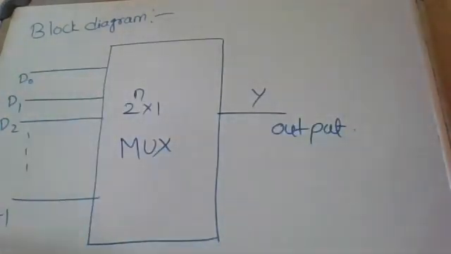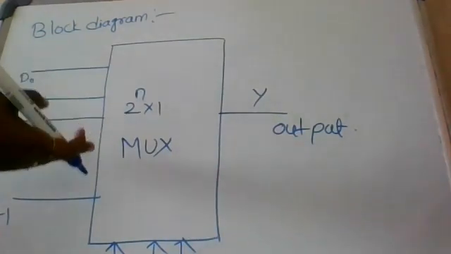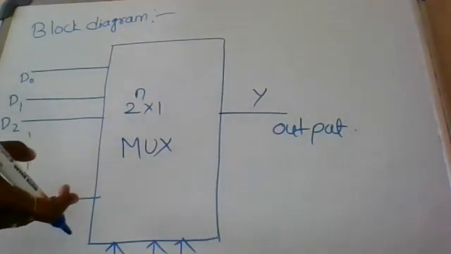Only one output y. So here we have the selection inputs S0, S1, S2. These are the selection inputs. So this is the multiplexer block diagram.